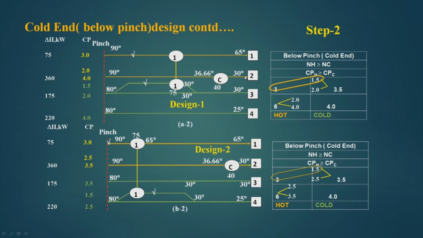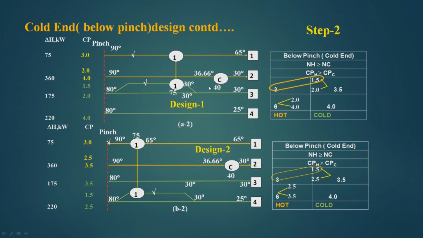Now, it is obvious from this design that a cooler has to be put into this, because there is no position left to put a cooler, and at the cold end of the design the cooler has to be put on a hot stream. So, we have put a cooler here of 40 units, because from the PTA we have seen that the cold utility requirement is 40.